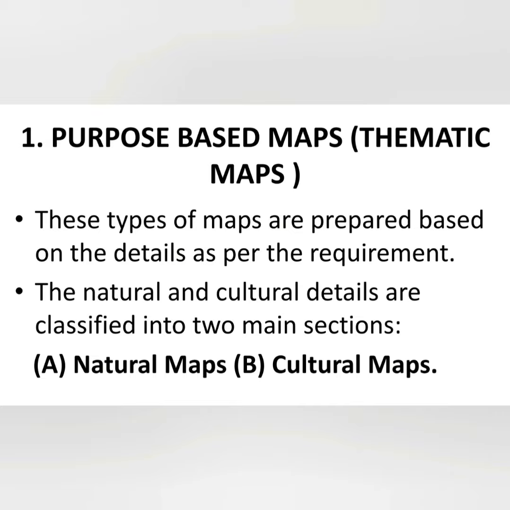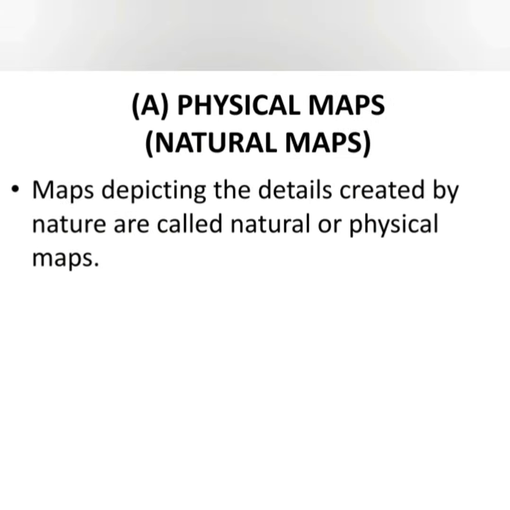Let's understand natural maps in detail. Natural maps are also known as physical maps. Here as well, the name itself suggests the meaning. Natural maps means maps created to depict the details about nature.